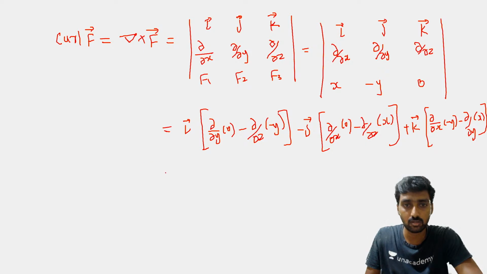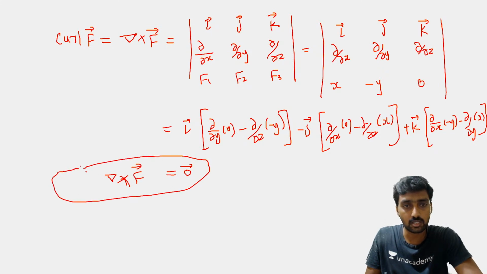All are 0, completely 0 vector. Therefore, del cross F vector is equal to 0. It indicates that it is an irrotational vector.